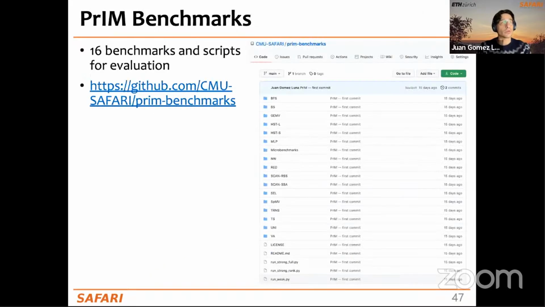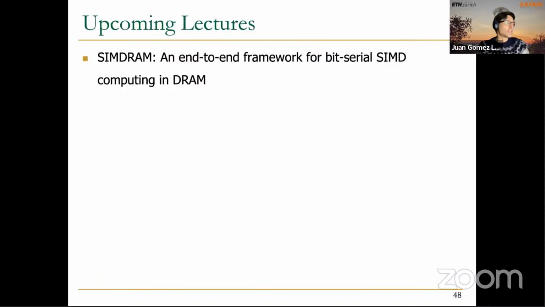And also, you know that the PRIM benchmark suite is publicly available, and you can download and run it on your own system just by downloading the UPMEM SDK. The UPMEM SDK already includes a simulator, and you can run these PRIM benchmarks on the simulator and in some way reproduce the experiments that we ran on the real system. And if you have access to a real system, even better. And this is all for today.